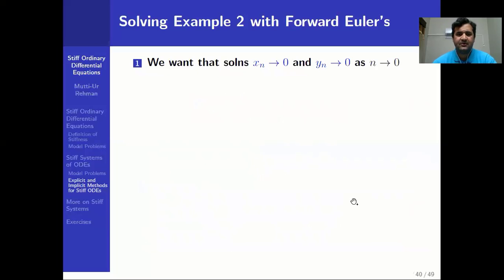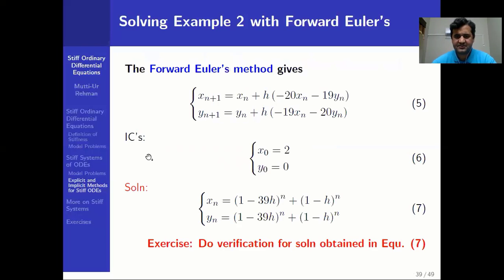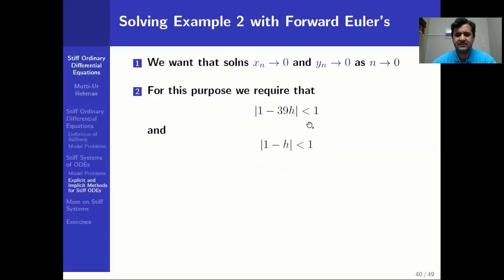Okay. And now the point is, of course, your goal is, for large n, both of these two solutions have this asymptotic behavior. Okay. But now there are two conditions basically. The first condition is, to study the stability, you have these two conditions: the absolute value of this guy and the absolute value of this guy are less than 1.